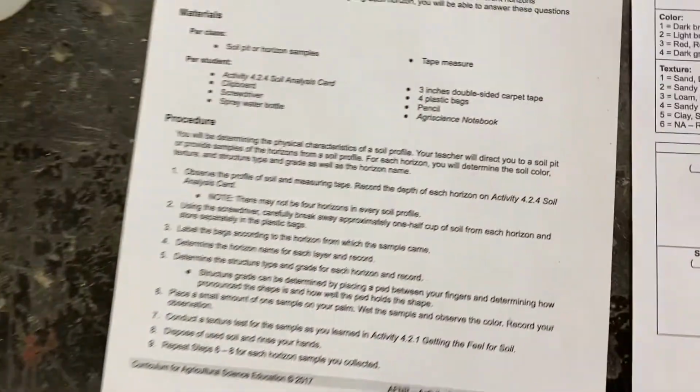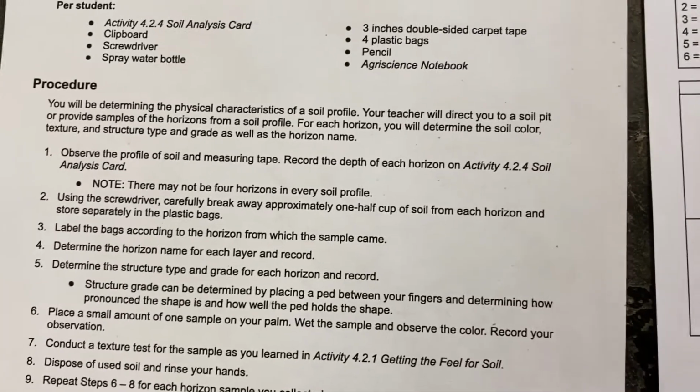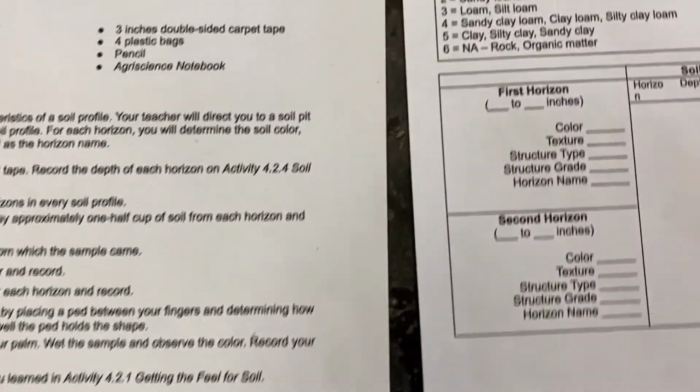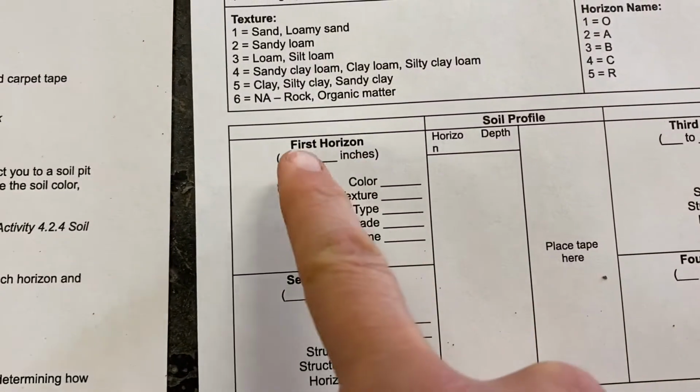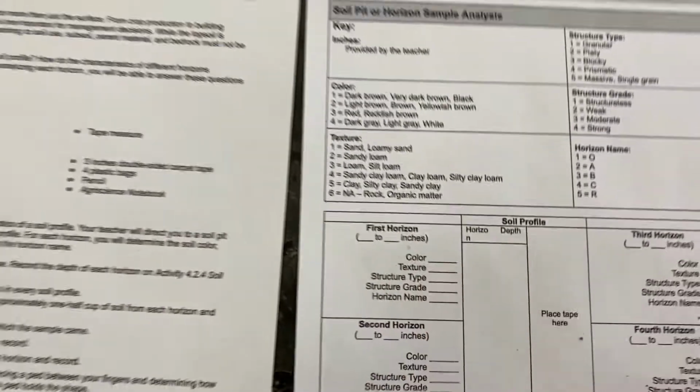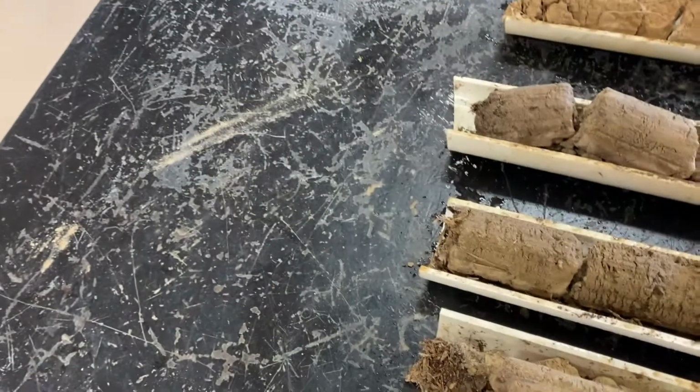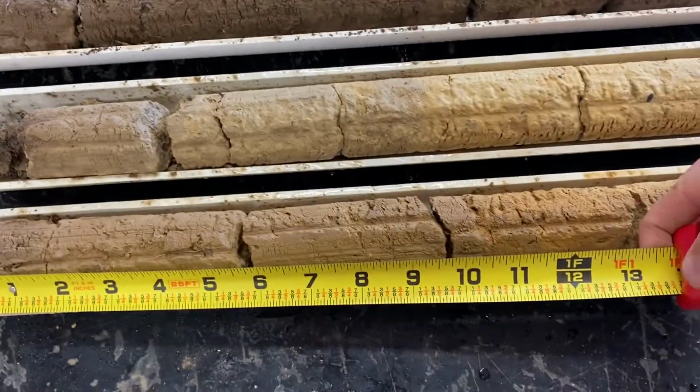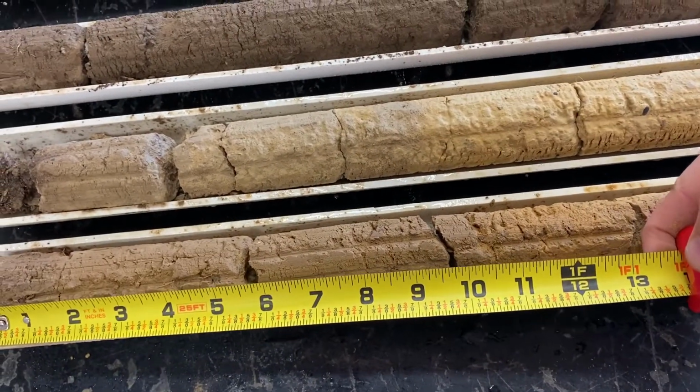So I want to measure, number one, the depth of each horizon. So we'll put from 0 to, we're going to measure this first horizon. So from 0 to 10 inches is that first horizon.